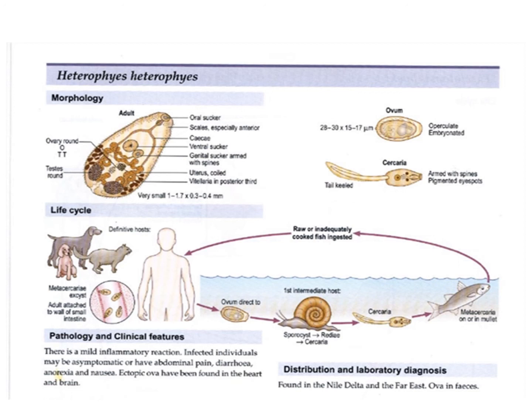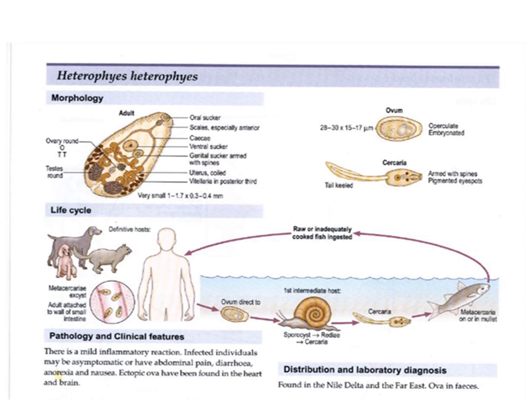All of this information related to Heterophyes can be seen here, and other stages like cercaria and ovum are presented here. Students, the adult worm shape is presented here with its internal and surface structures.